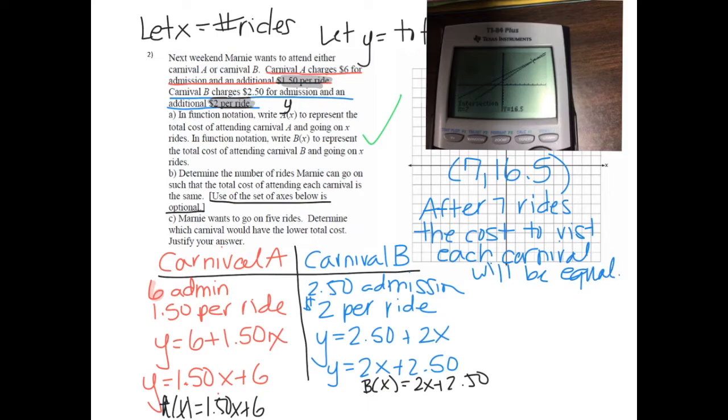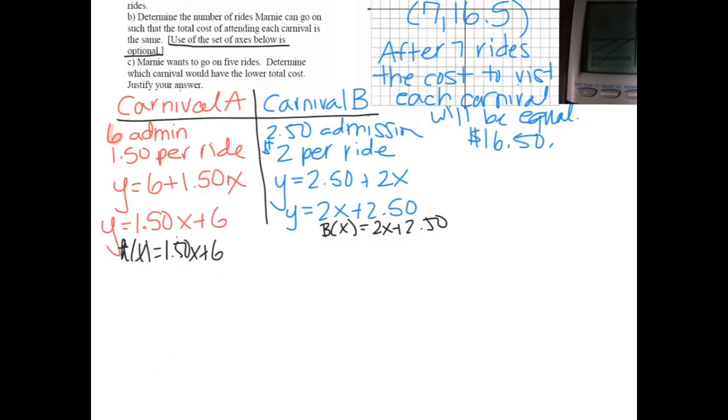And that cost is $16.50. So now we've determined the number of rides that Marnie can go on, such that the total cost of attending each carnival is the same. We did that. That's a big check right here.